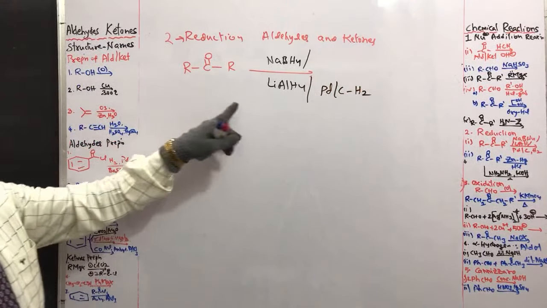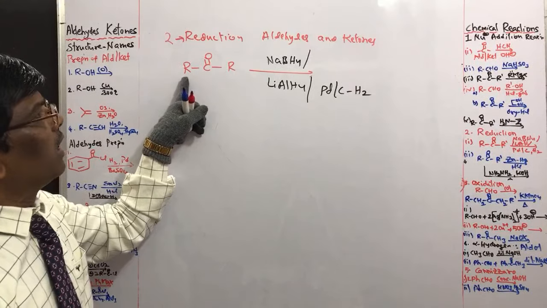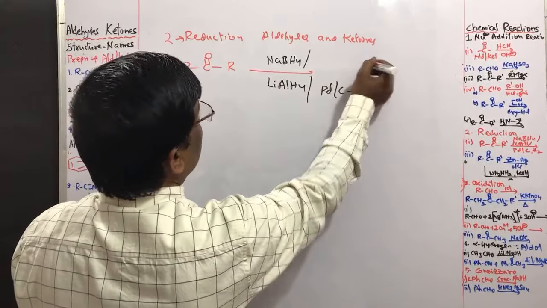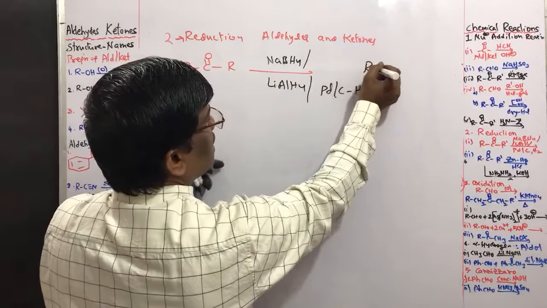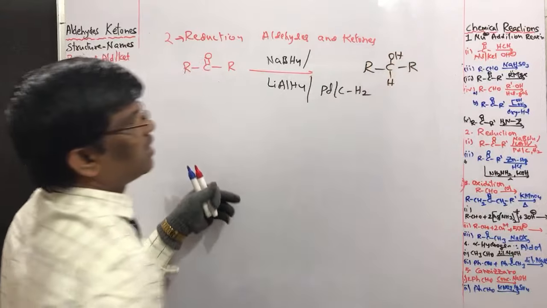The cheapest reagent we can use for the reduction of these carbonyl compounds to alcohols. Aldehydes give primary alcohols, ketones give secondary alcohols. This is OH and hydrogen.